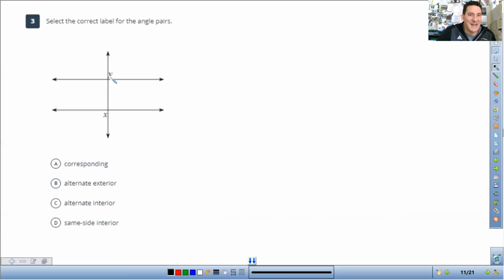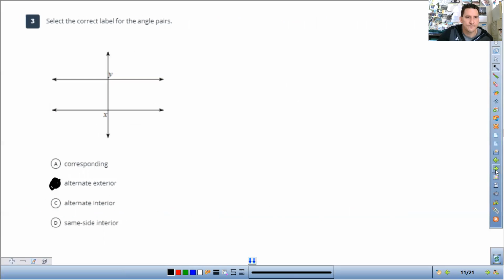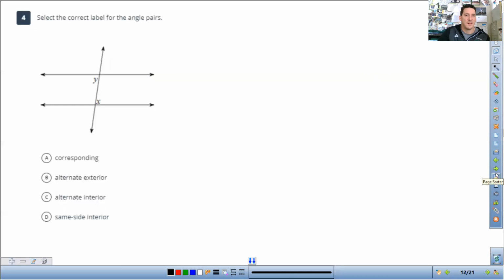Alternate, they are on the exterior, so they are alternate exterior angles. And then the last one, so here they are alternate interior angles. They're on opposite sides of the transversal on the interior.